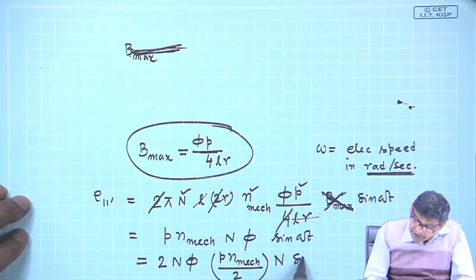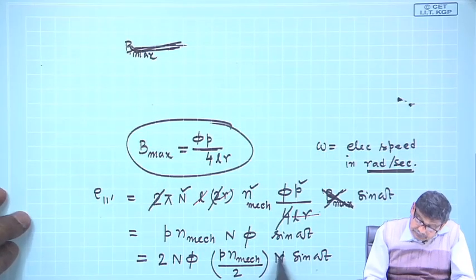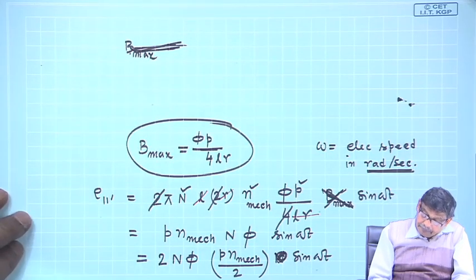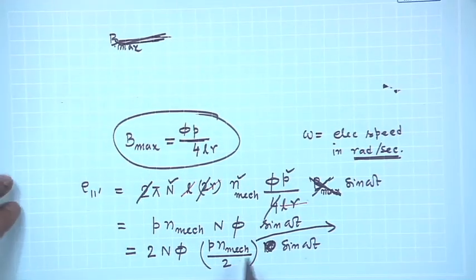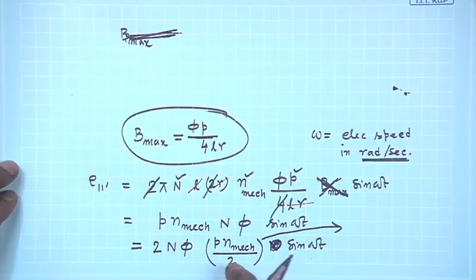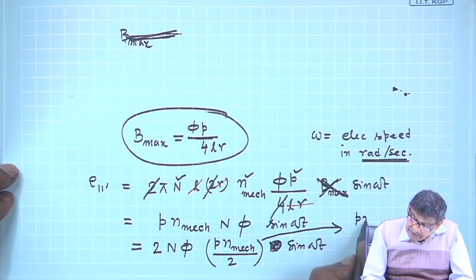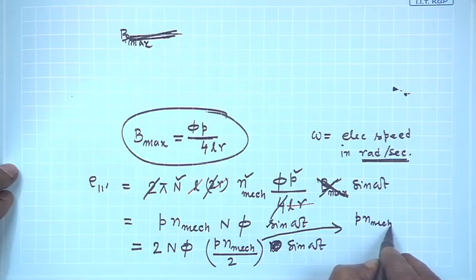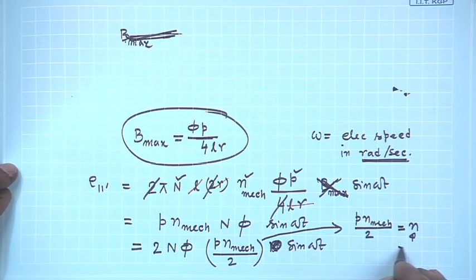N sin omega t. This is the thing I have written. Now, the question is, what is this P n mechanical by 2? It is the electrical speed. So P n mechanical by 2 is your speed in electrical rotation per second.